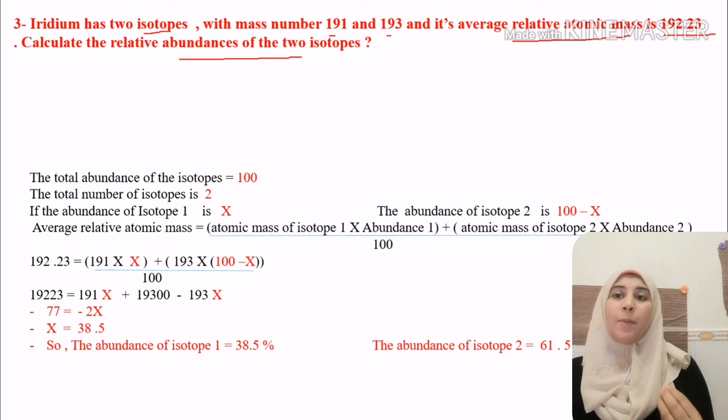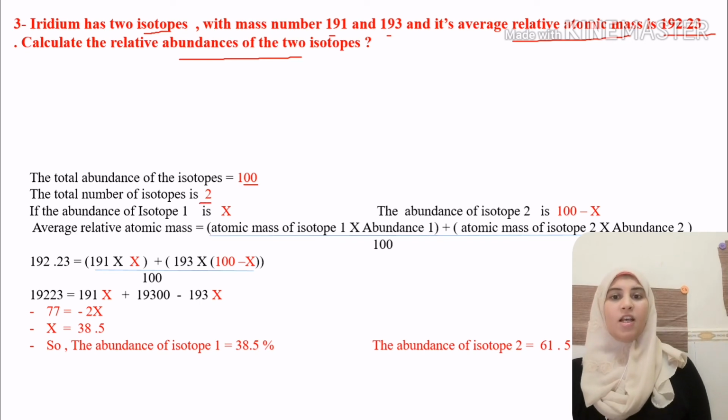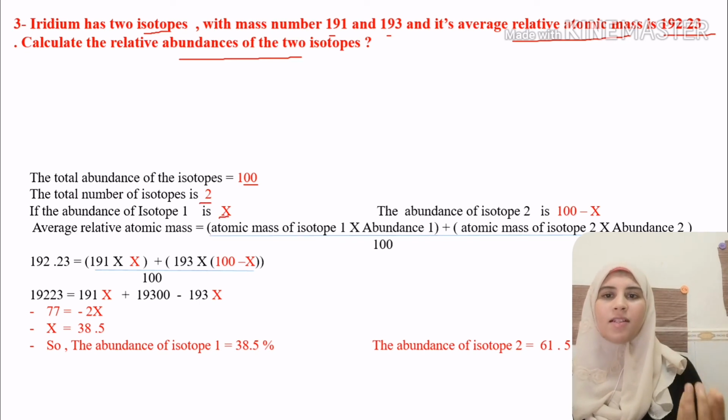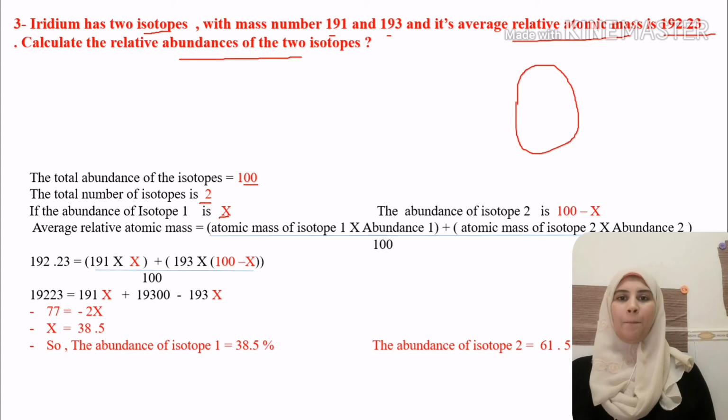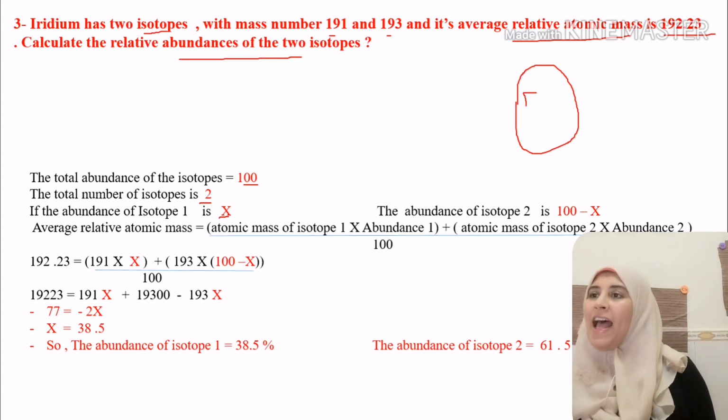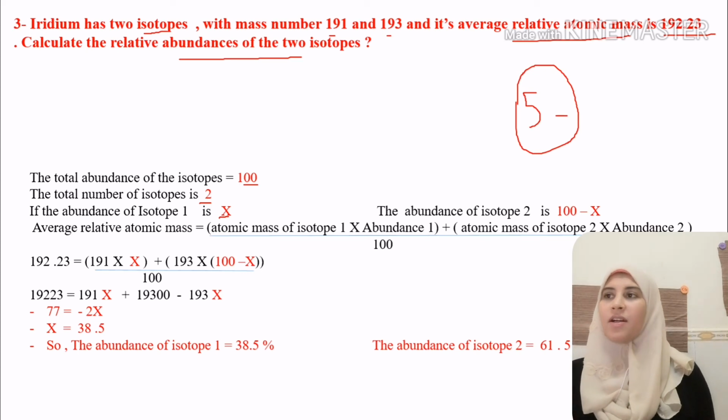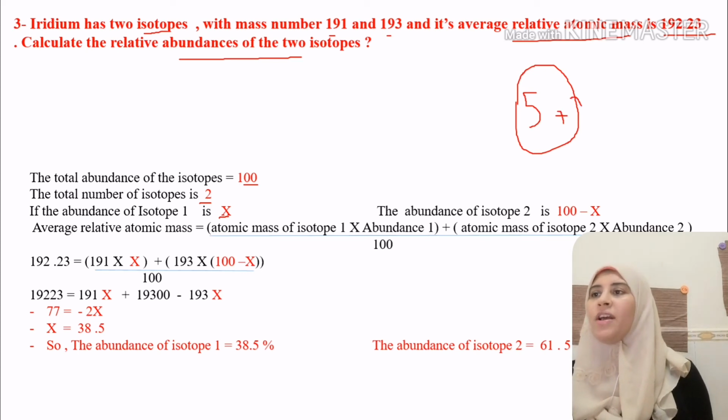We expect that the abundance of the 2 isotopes is 100. We have 2 isotopes. The abundance of the first one is X. For example, we have placed to save money at home. I add 5 pounds and my sister adds an unknown value.